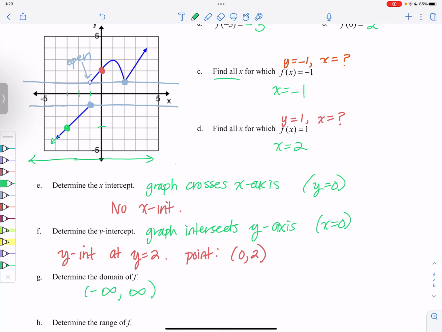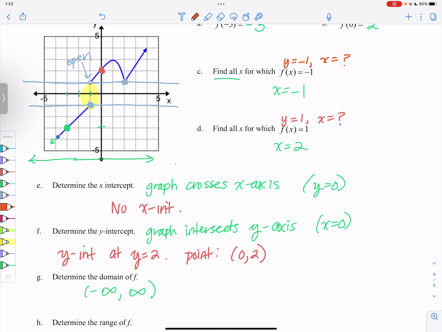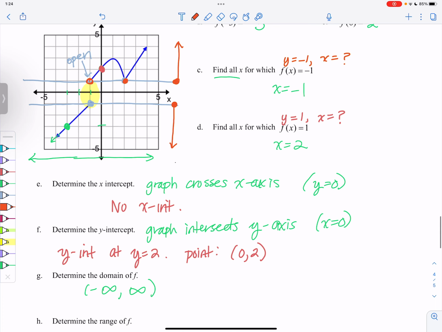We do have a gap right here for the range. So let's go ahead and draw the range on the outside here. So we go all the way here, and then it stops, and then it's open, and then we go all the way. So what we have is closed here and open here, so we can close that.